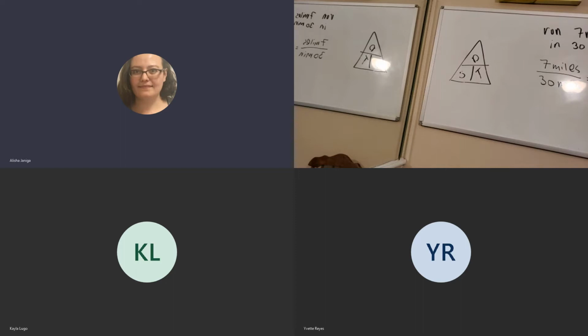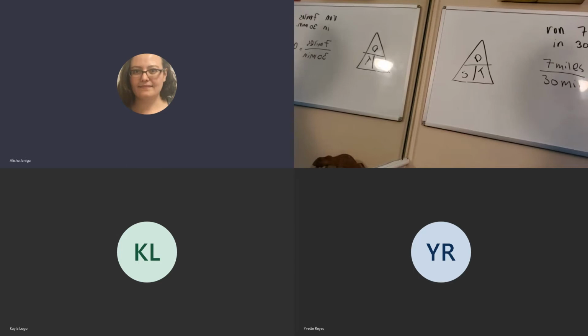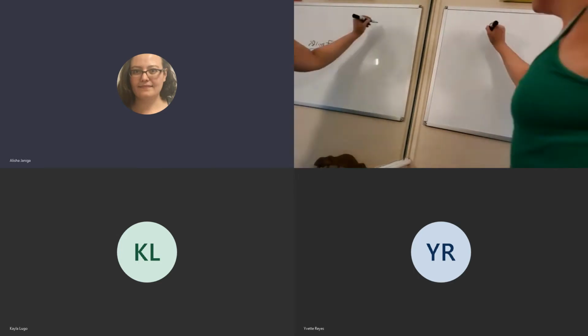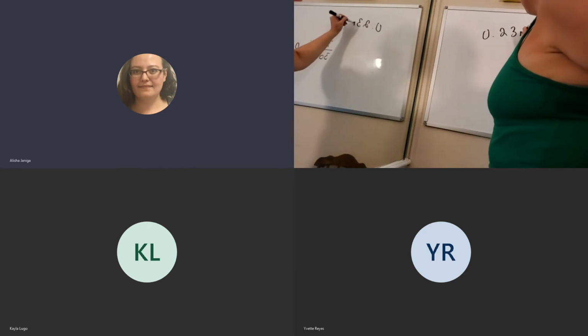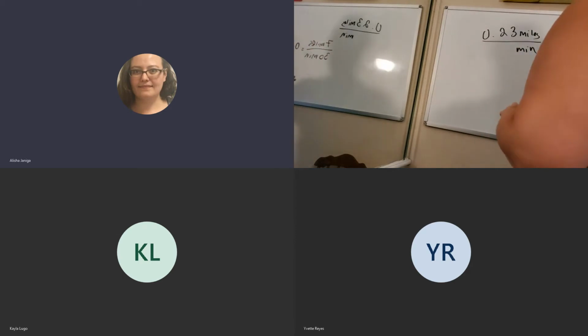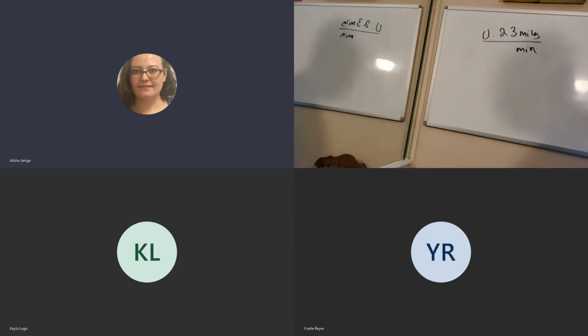So we're going 0.23 miles per minute. And then we can convert that to miles per hour because that's more useful. So we don't want to get rid of the miles, just the minutes.